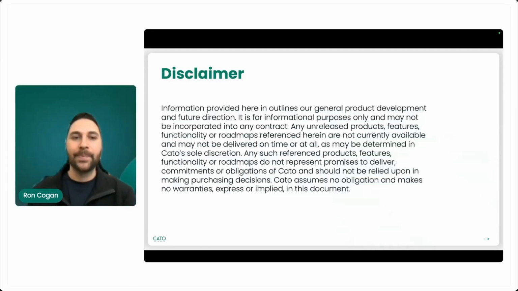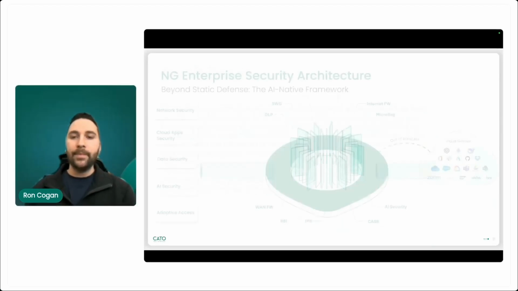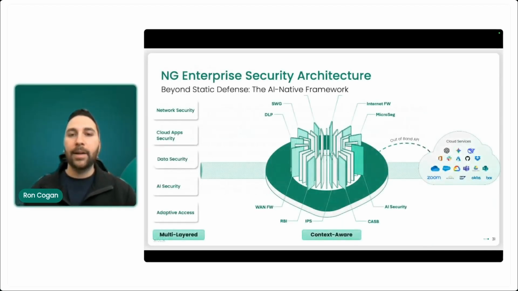So when we're looking ahead, up until these days, we went with the multi-layered security approach. We understand that the market is maturing, the security landscape is maturing, the threat landscape is maturing, and this is why we are also preparing ourselves to be the next generation of enterprise security.